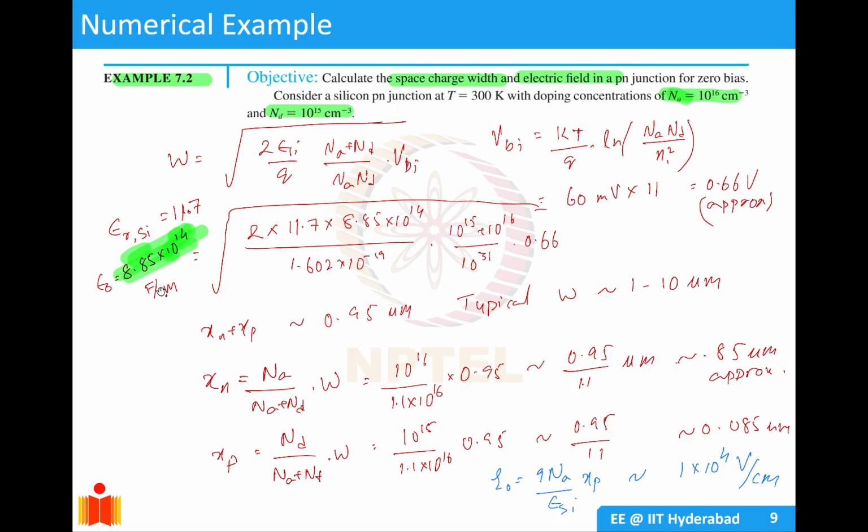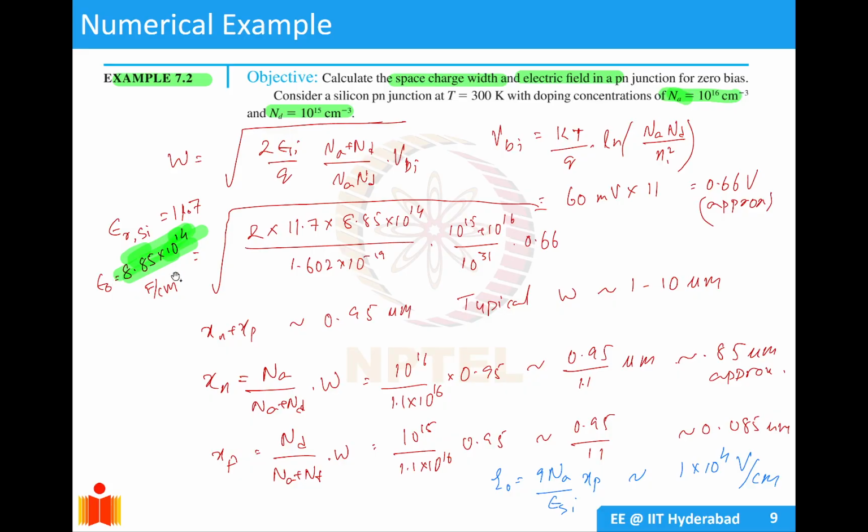So if you use centimeter, you will have the units cancelling out. Otherwise, if you use farad per meter instead, the numbers you will be getting will be wrong.